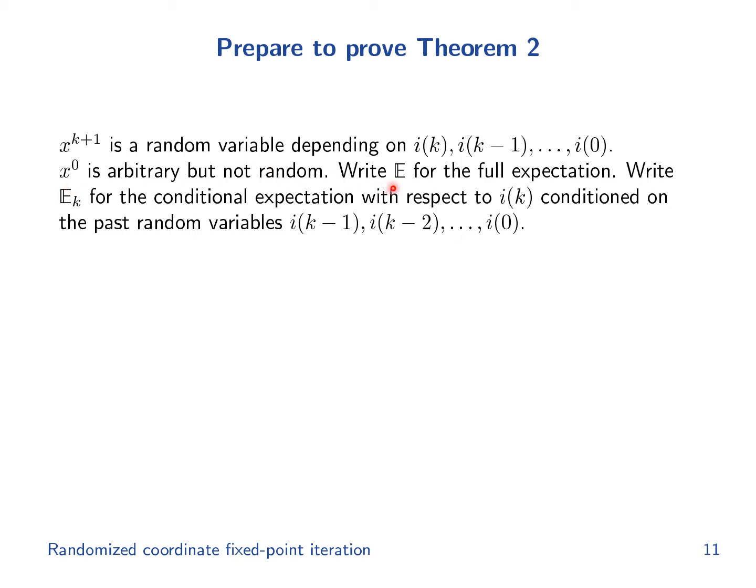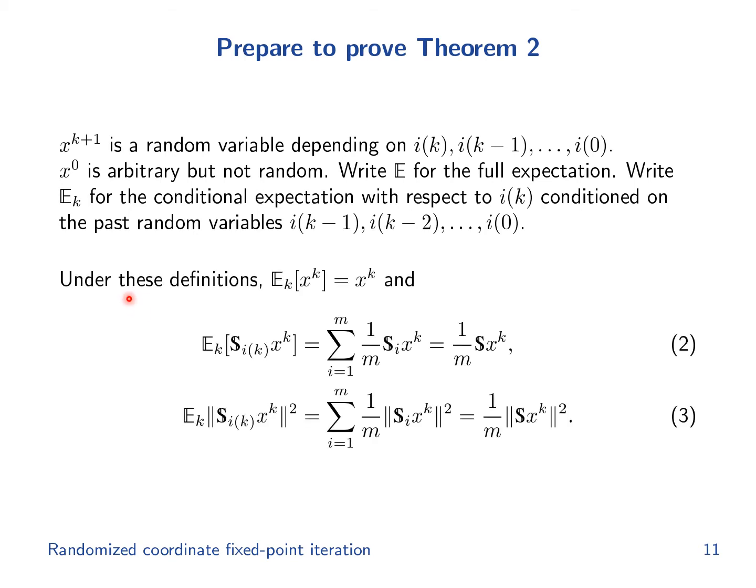We write E for full expectation. That's the expectation with respect to the entire infinite sequence. And we write Ek as a conditional expectation with respect to ik, that is, conditioned on the past random variables. However, recall ik is chosen independently of these previous random variables.